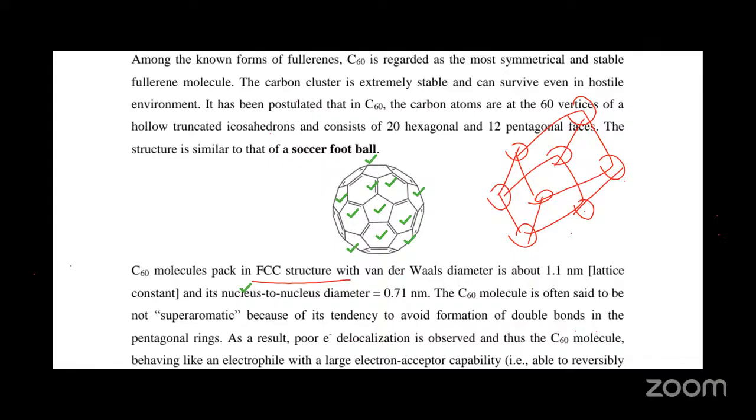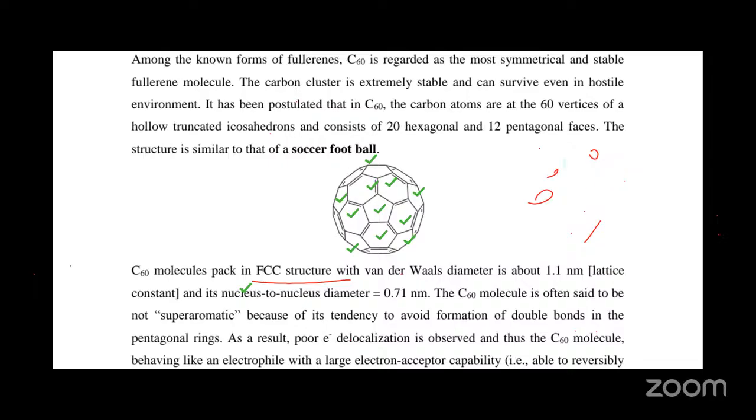As well as corners, the faces will also be occupied: one face, two, three, four, five, and six. All 6 faces and 8 corners will be occupied with elements. That structure is known as the FCC structure.